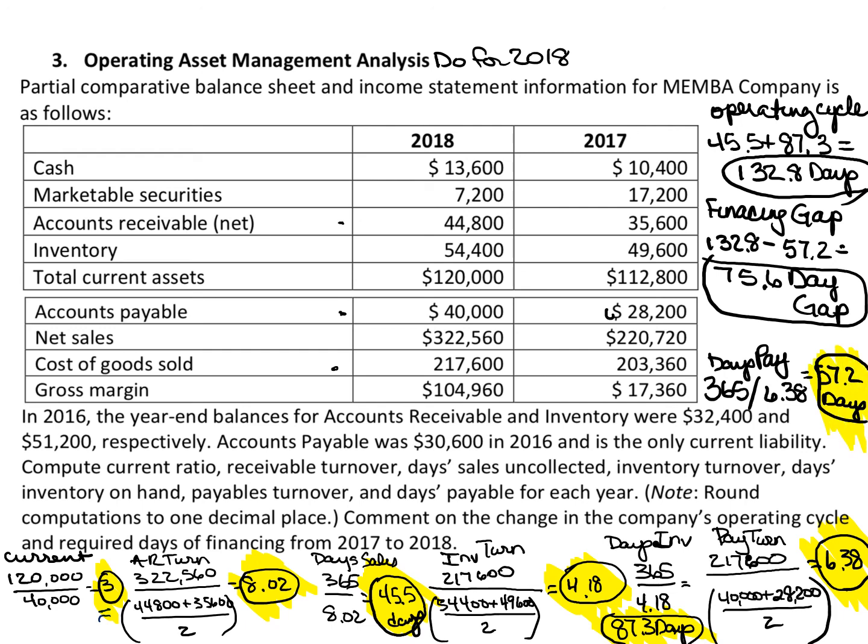So if I find the operating cycle, which is the days sales plus the days inventory, it's 132.8 days that my cash is tied up in inventory and accounts receivable. Whereas my accounts payable, I pay in about 75.6 days, or that's the gap.